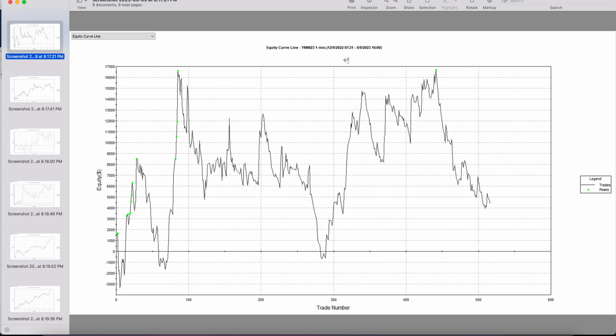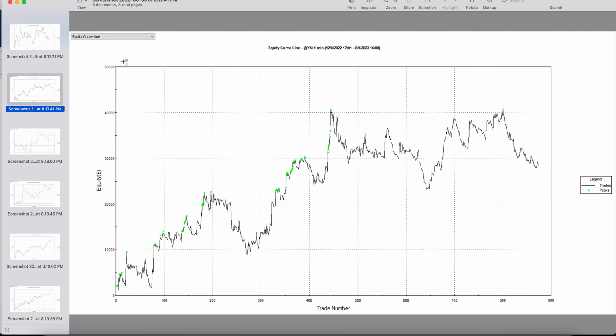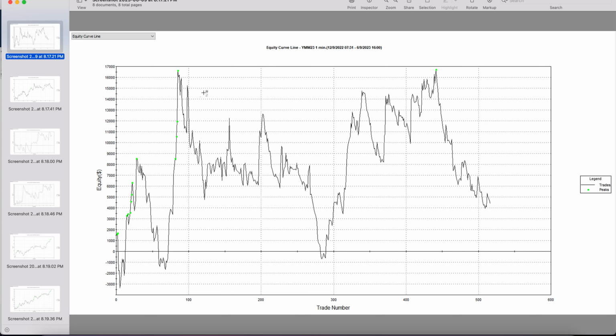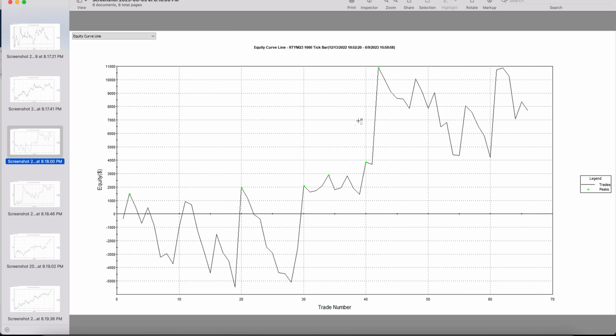And this is in a quarterly contract from 12/9 through 6/9. This is what it looks like. Yeah, it's getting to be the same 6-month period, so that's interesting. It's probably getting ready to have to roll over into a new quarter. This is the Russell.